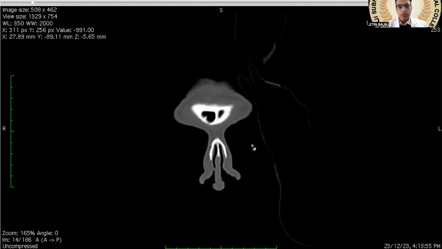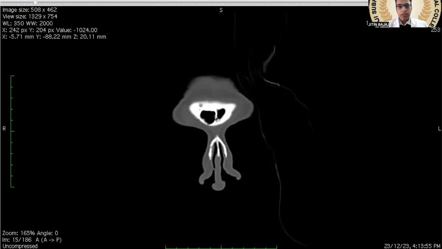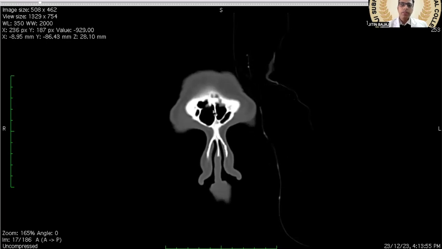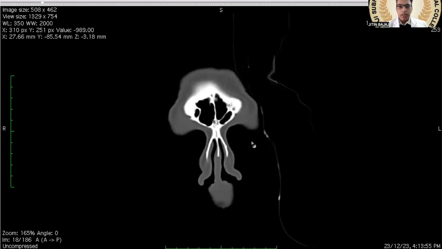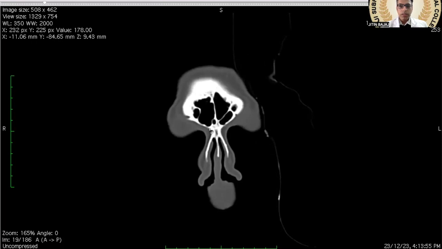Now, as we go posteriorly, we start to see the frontal sinus septum, the intersinus septum. There can be many frontal sinus septas, and the main septum is the one dividing the two frontal sinuses. Here we see the broadening of the nasal bone, and as we go posteriorly, the floor of the frontal sinus is formed by the frontal beak.